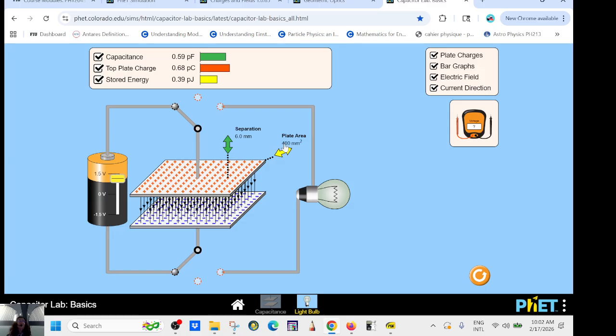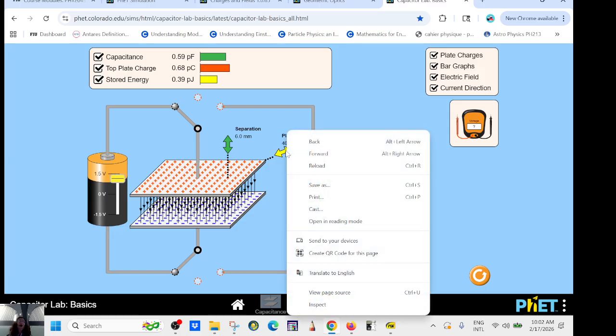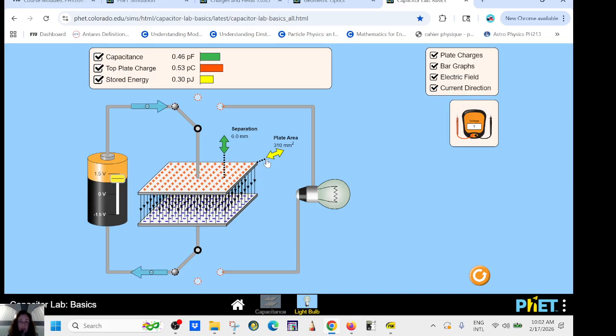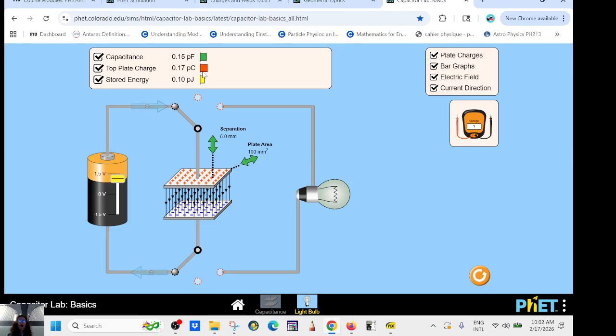So the capacitance depends on the area. You can decrease the area. If you decrease the area, you're going to hold less charge, right? Decrease the area. I have an issue with my mouse. You see the charge that you can hold decreases.